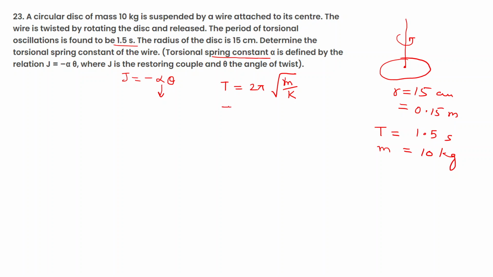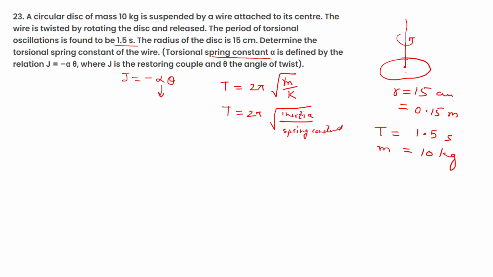Time period is actually the ratio of the inertia of the body and the spring factor, or spring constant, of the body. So in any kind of simple harmonic motion, be it the spring mass system or oscillation, we have this m by k. The inertia is because of the mass and the spring constant is k.